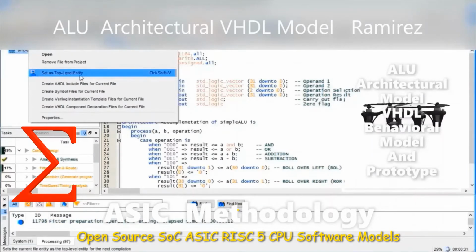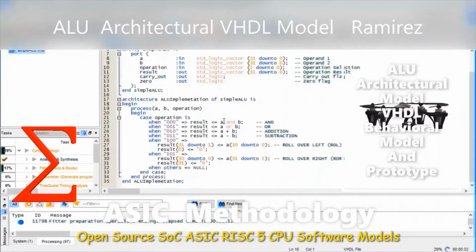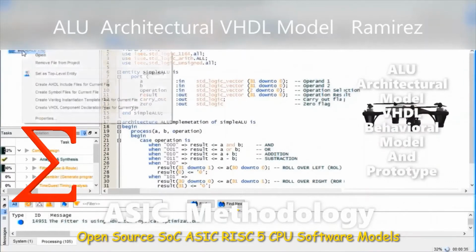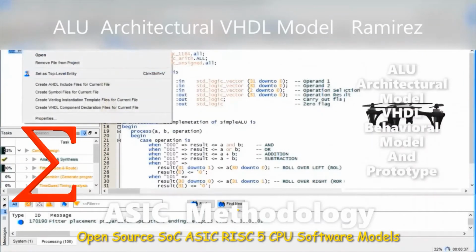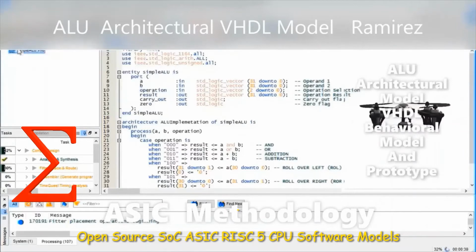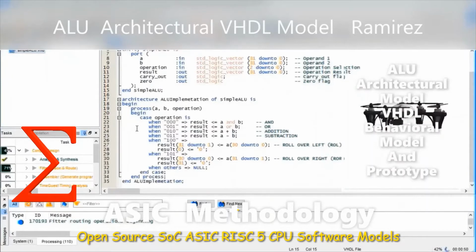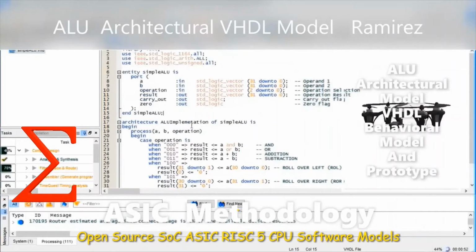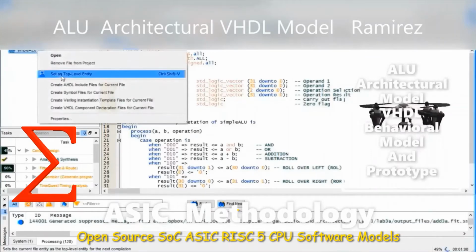So a process is declared within an architecture as it is illustrated in this video and is a concurrent statement. The statements inside a process are executed sequentially. So the process reads and writes signals and values of the interface, which is input and output ports, to communicate with the rest of the architecture.